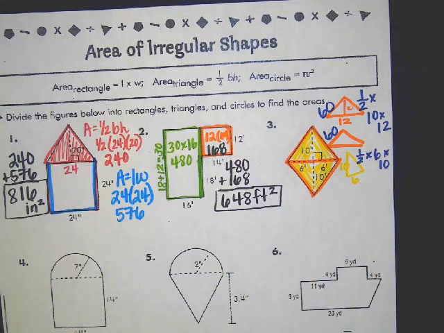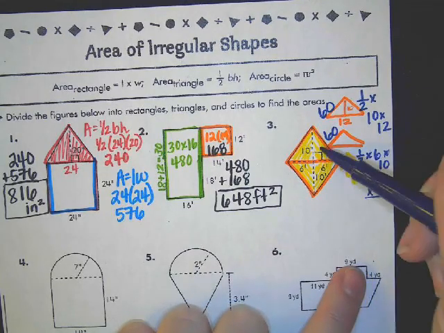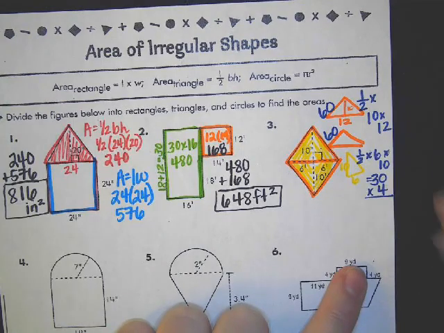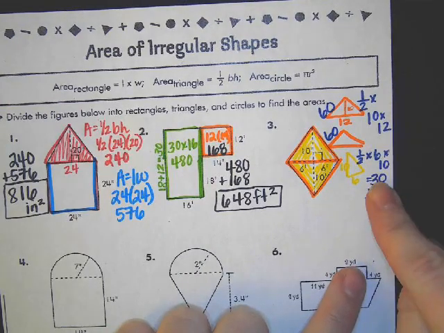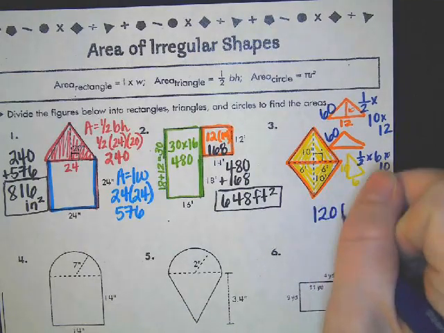That gives me 30, and then I would do that 4 times because I have 4 small triangles. Either way that I solve this, my answer is 120 feet squared.